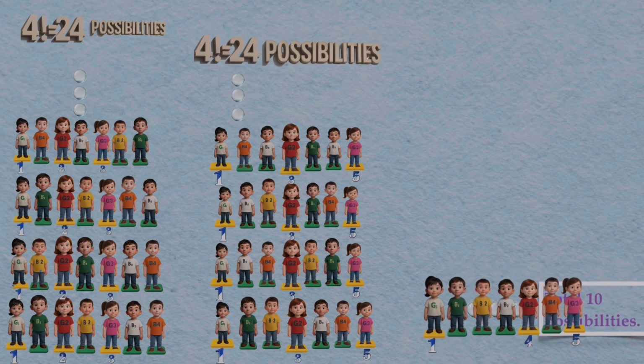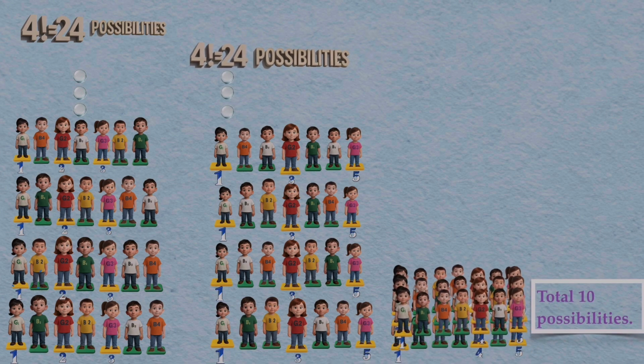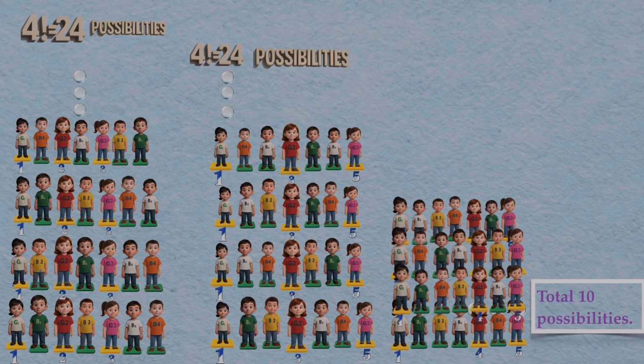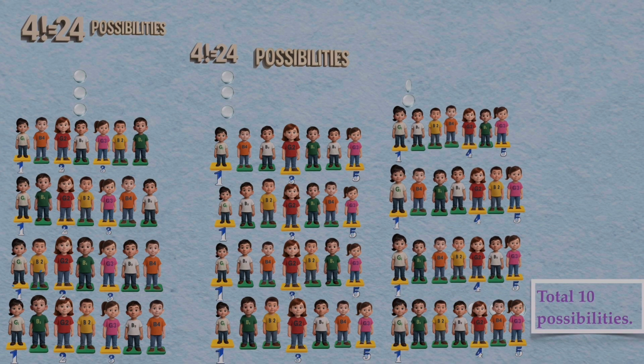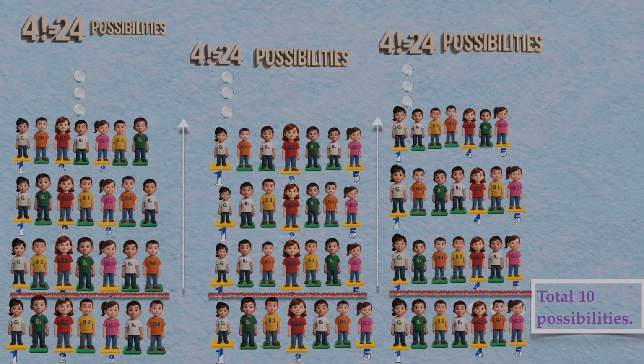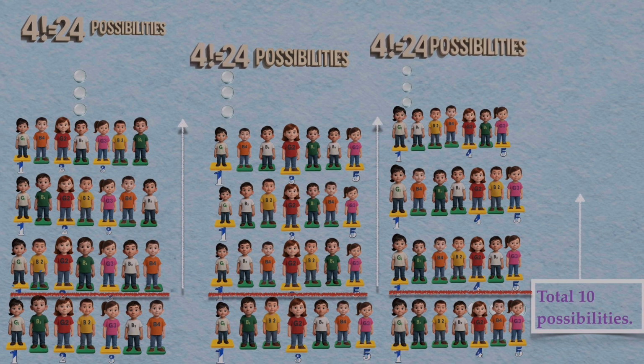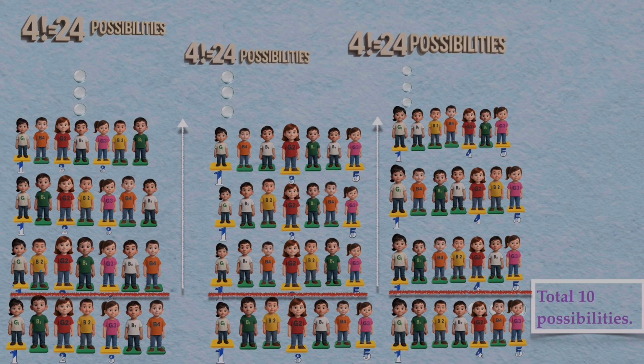Finally, we swapped the places of the 4 boys one last time. We do this when the girls are standing on the yellow slabs with the numbers 1, 4, and 5. This also gives us 24 different ways to put the boys in order.